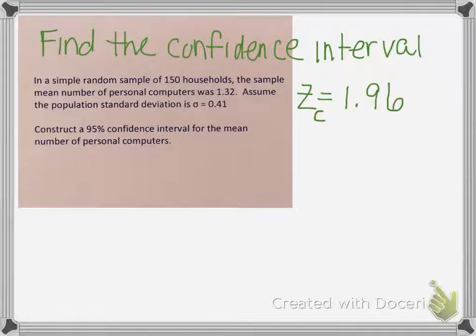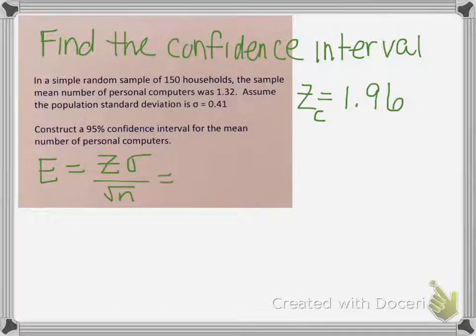Now we just need to start using some of the formulas to be able to find our confidence interval. The first equation we will need is our margin of error, and our margin of error is labeled either as ME or E for error. That formula is Z-score times standard deviation divided by the square root of n.